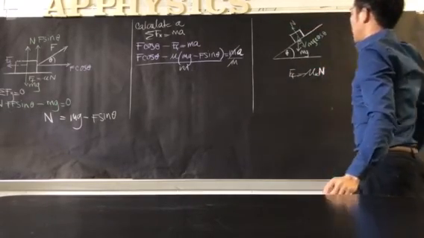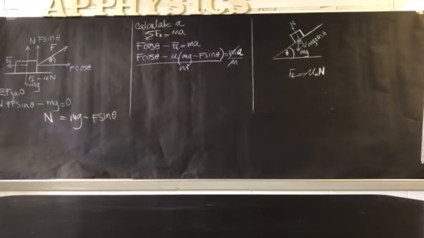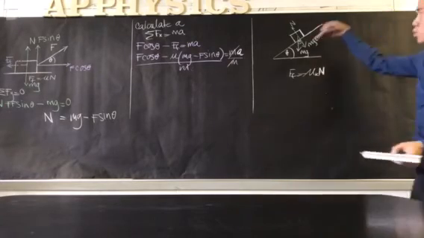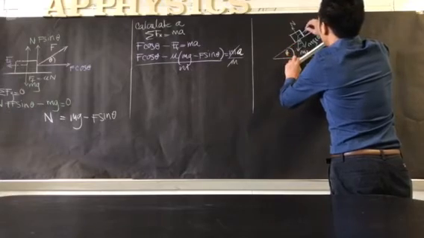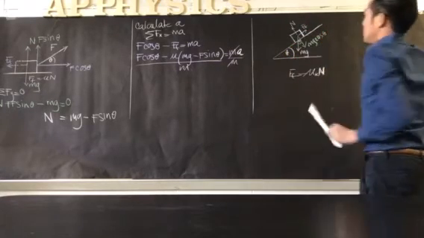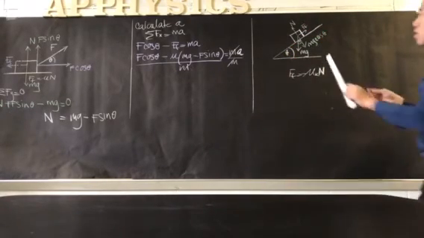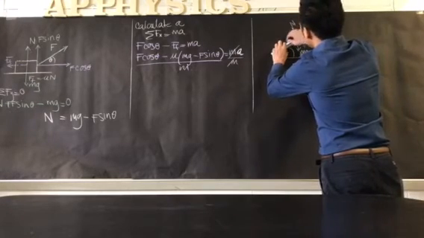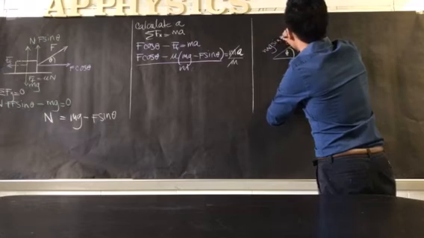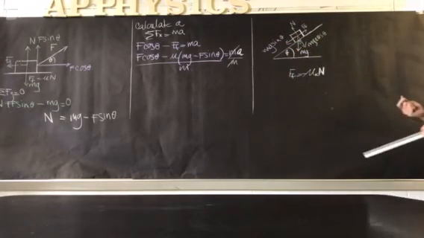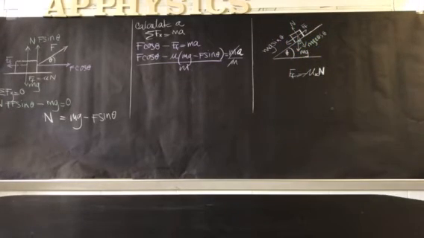Then the object is sliding down this way, and there is friction going the opposite direction, so I'm going to draw the friction that way. And you also have the weight component in the x direction, which is mg sine theta.